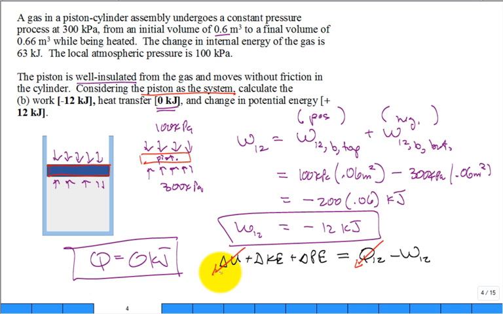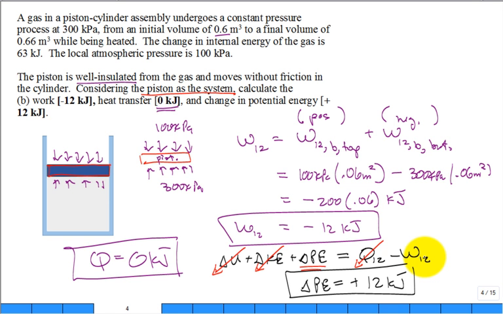What about change in internal energy? There's no change in temperature. What about the change in kinetic energy? The speed's not changing. So the term I'm interested in calculating, the change in the potential energy, boils down to negative of the work 1 to 2. So the change in the potential energy ended up to be plus 12 kilojoules.